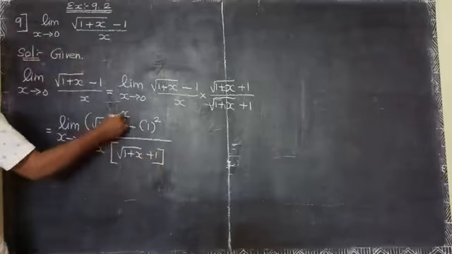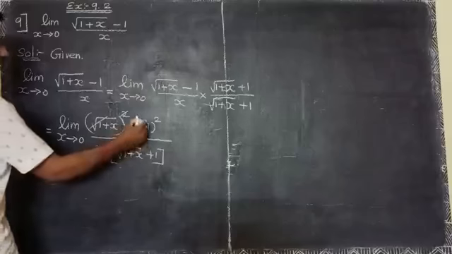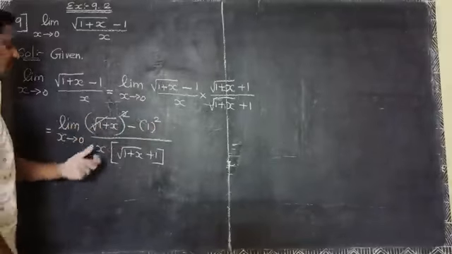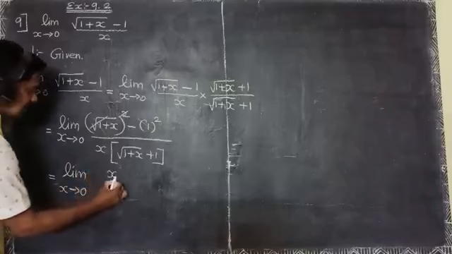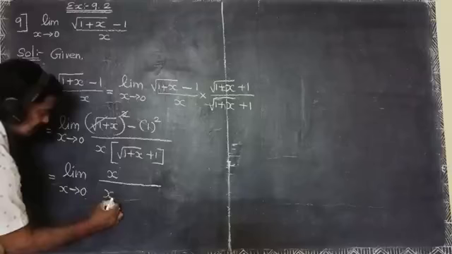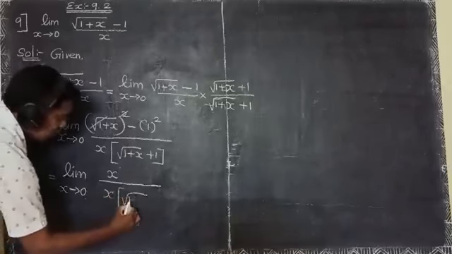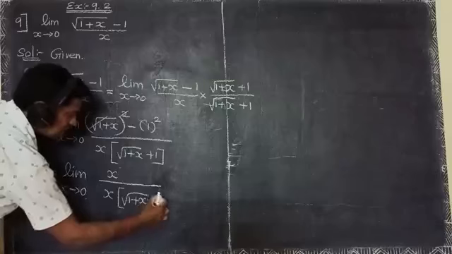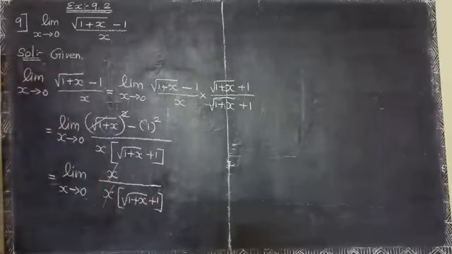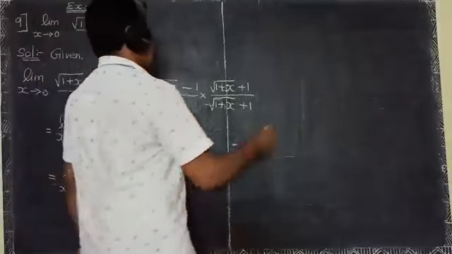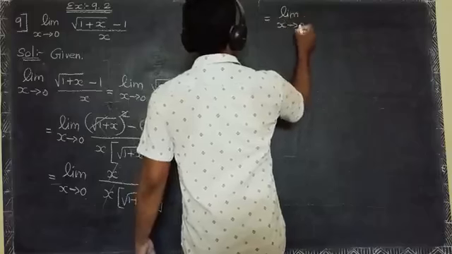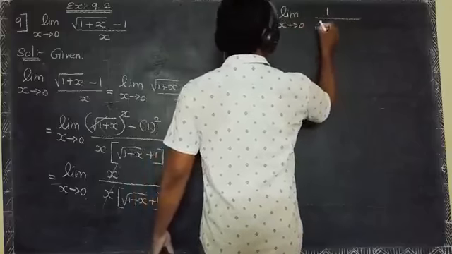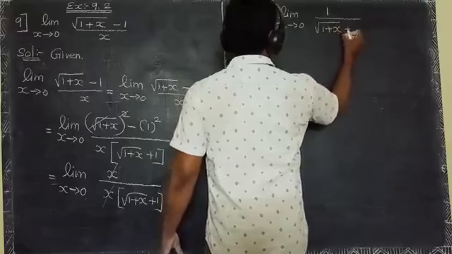Here the square roots are cancelled, 1 plus x minus 1, minus 1 plus 1 are cancelled, remaining the limit as x approaches 0 of x divided by x into square root of 1 plus x plus 1. Here the x are cancelled, finally we get the function: limit as x approaches 0 of 1 divided by square root of 1 plus x plus 1.